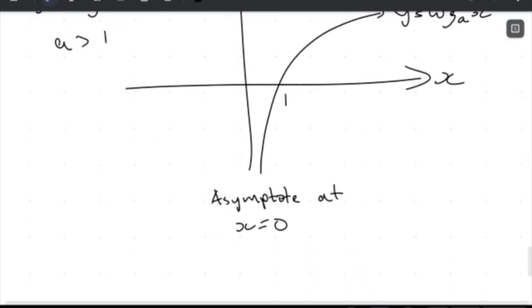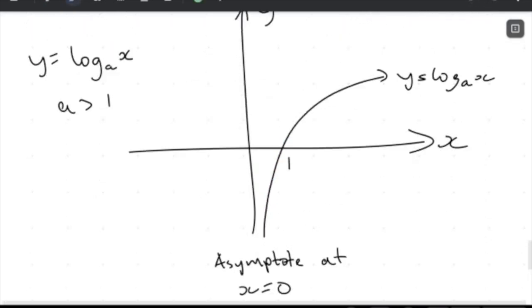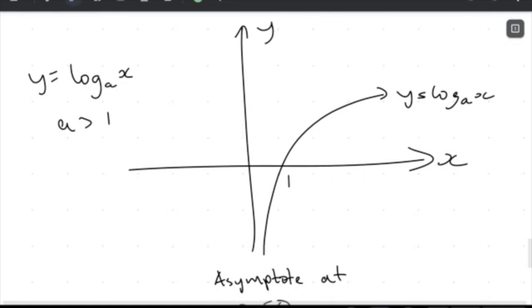So as the y gets smaller down here, my x value will approach 0. So this is the general form and sort of shape of how this will look.